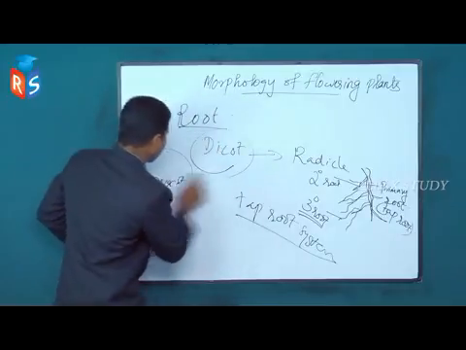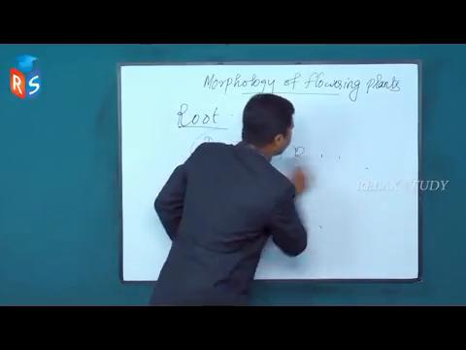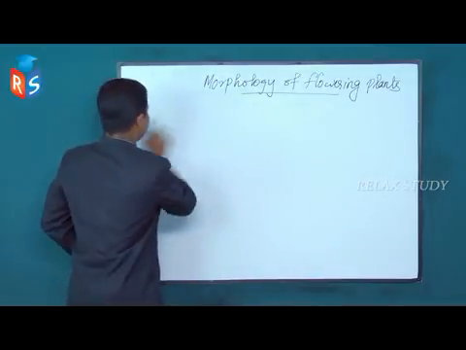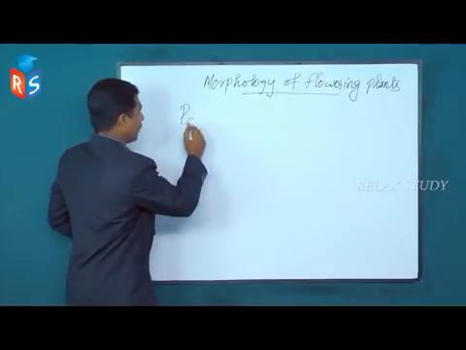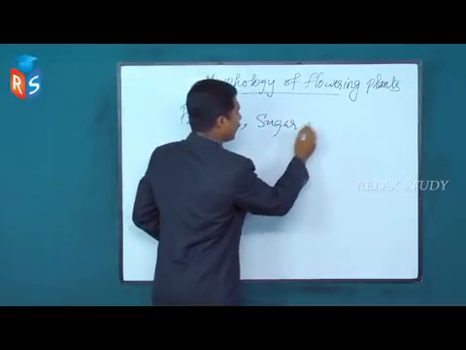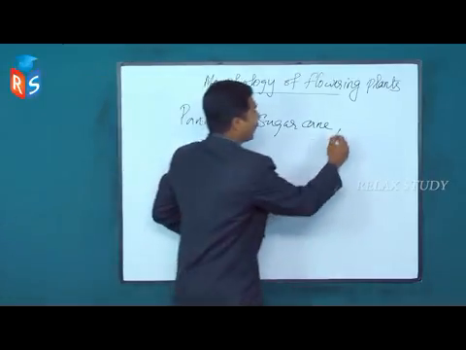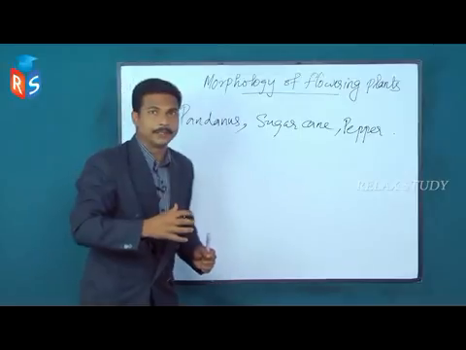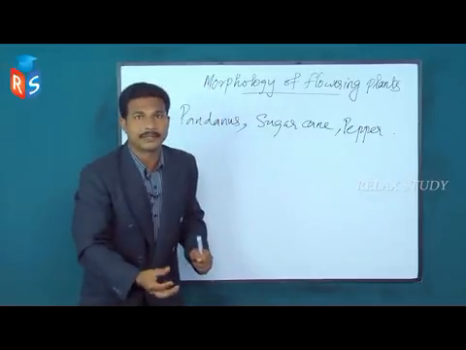Now we are going to see some other aspects of root. Suppose you are looking at some other plants such as sugar cane and pandanus, and also pepper. In these plants you can see some roots developed from other parts of the plant body, not from the lower root-developing region, but from the stem.